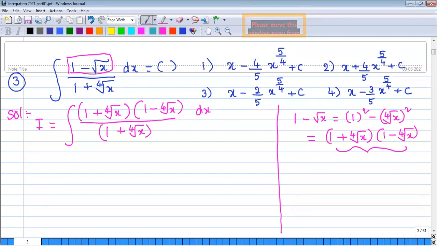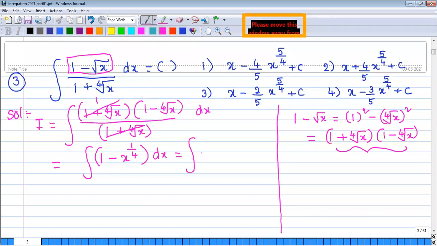This 1 plus 4th root x, 1 plus 4th root x will cancel out. So that is equal to integral 1 minus 4th root x, means x to the power of 1 by 4, dx. We can split it: integral dx minus integral x to the power of 1 by 4 dx.